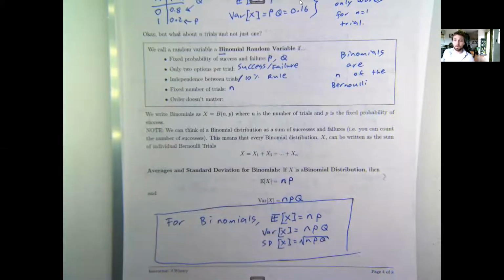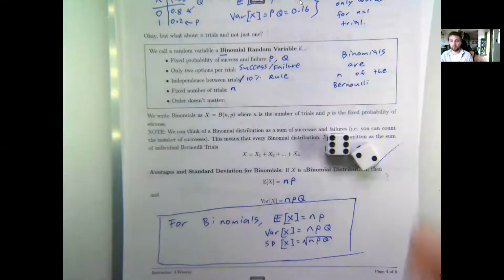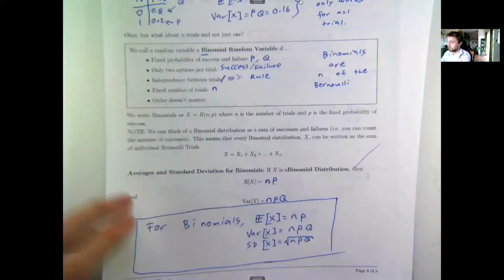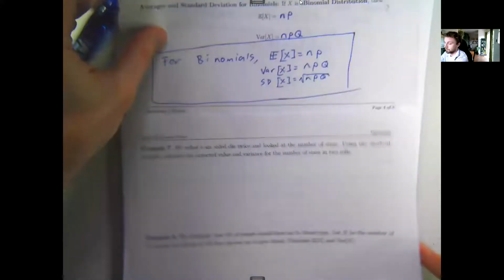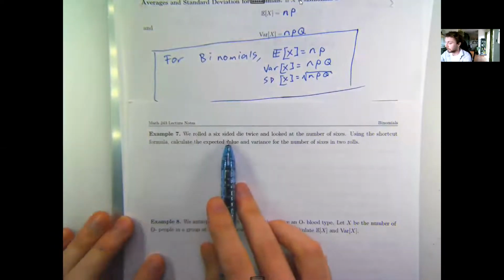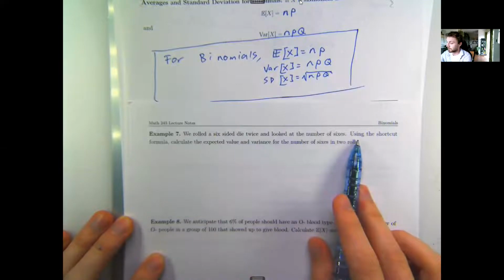For example, we already saw something that was a binomial when we were looking at these 2 die rolls. So let's consider that binomial. And a little bit of notation here. We rolled a die twice, and we're looking at the number of 6s.